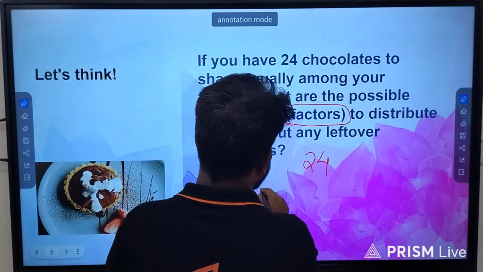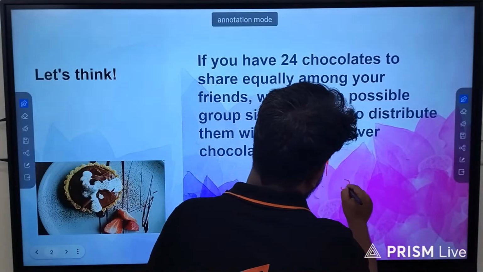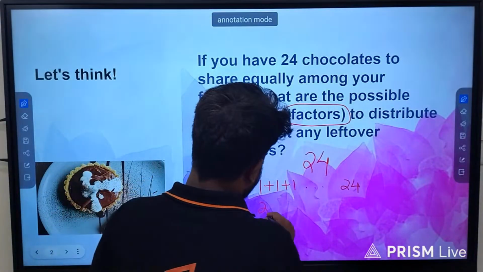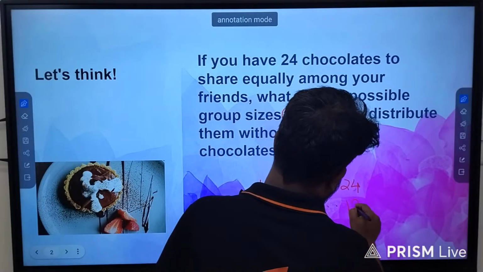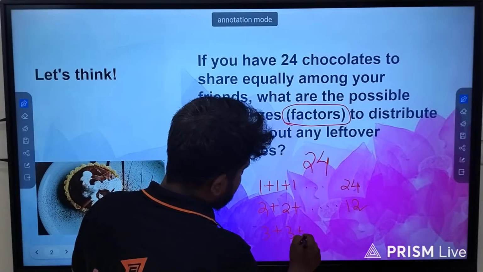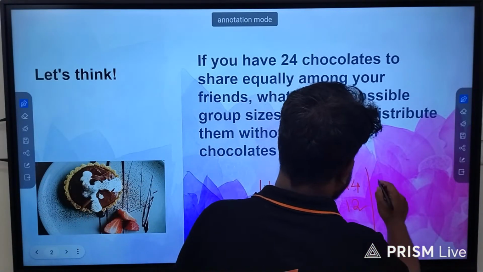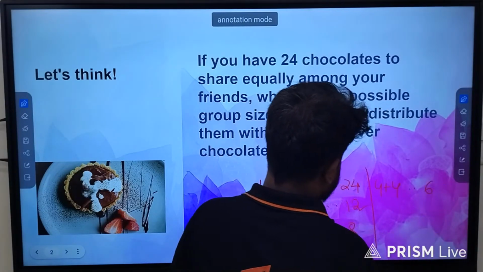I can distribute 24 chocolates among 24 students, 1 each. Or I can divide it 2 each for 12 students. I can also distribute it 3 each for 8 students, and 4 each for 6 students.